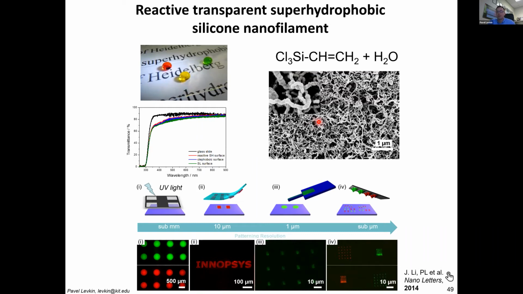Again, it can be functionalized with thiols by thiol-ene reaction. And this is interesting because in this way we combine superhydrophobicity with reactivity, which is usually difficult because superhydrophobic surfaces usually require either alkyl groups or fluorinated alkyl groups on the surface, which are usually non-reactive. In this case, vinyl group is enough to make it superhydrophobic, but it's reactive, and we can make patterns down to sub-micrometer scale up to sub-millimeter scale.